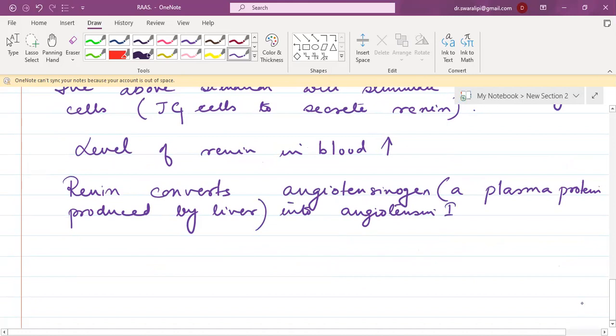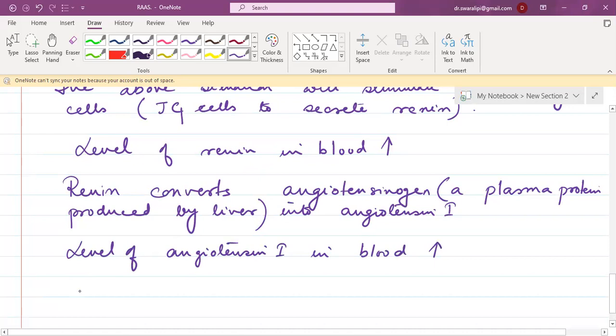Next, automatically in the blood, the level of angiotensin 1 will increase, and it is moving in the circulation.